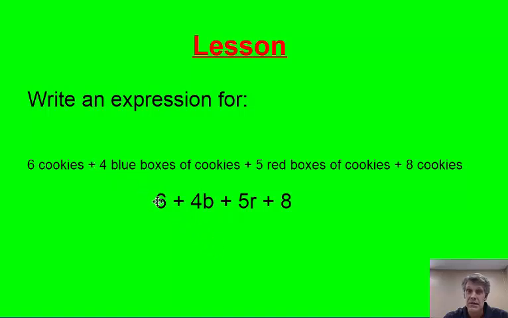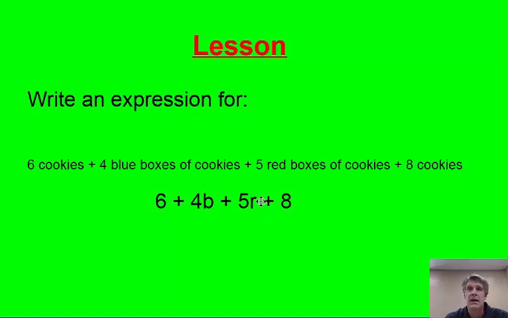So I'm going to write 6 plus 4 boxes of cookies, 4B. Don't write 5B because they're 2 different boxes. And I don't know how much is in the red box compared to the blue box. So I'm going to call this 5R. And then I got 8 cookies. So this would be the expression I want to write.